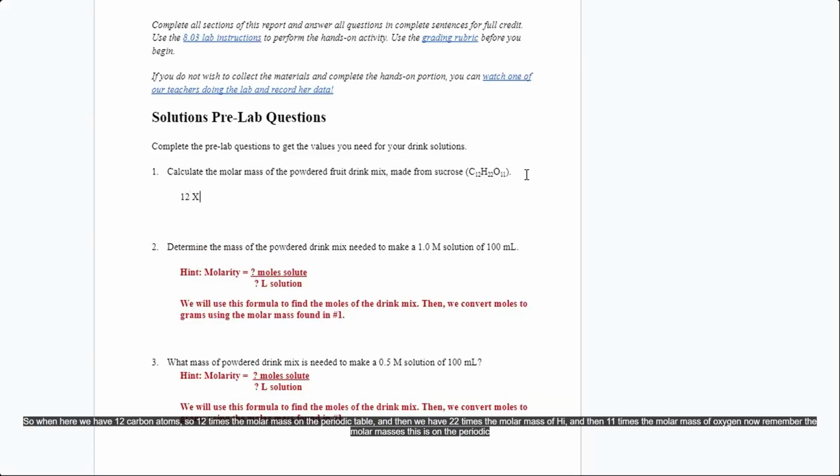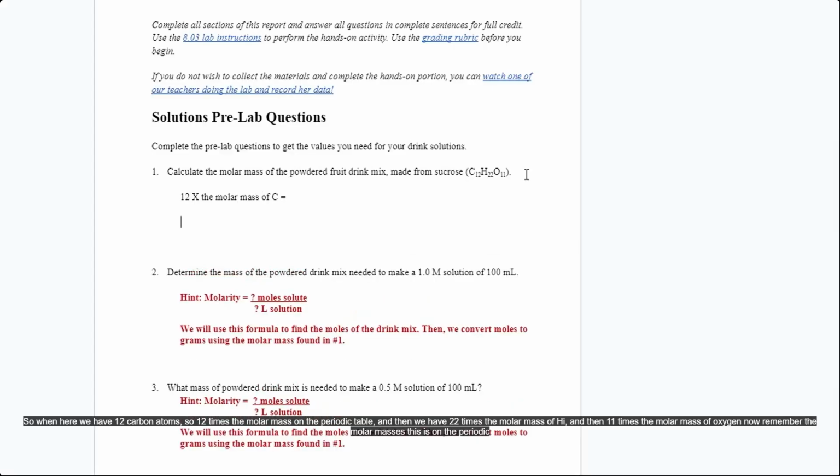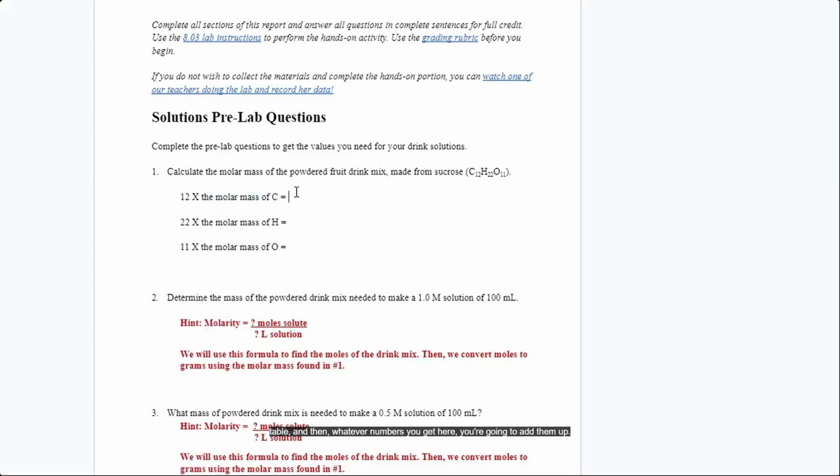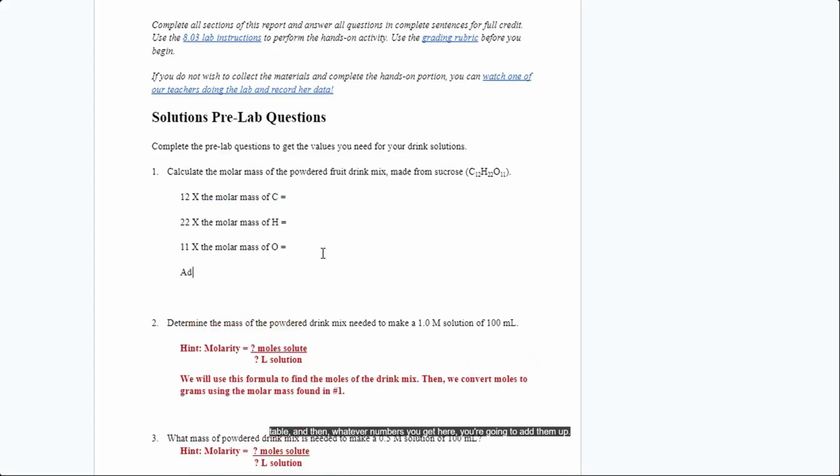So 12 times the molar mass on the periodic table. And then we have 22 times the molar mass of hydrogen, and then 11 times the molar mass of oxygen. Now remember, the molar masses, this is on the periodic table. And then whatever numbers you get here, you're going to add them up.